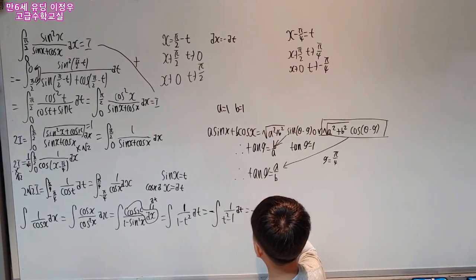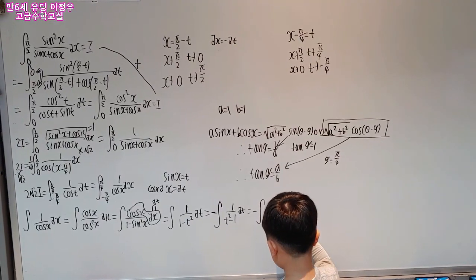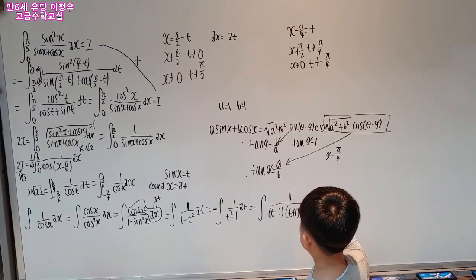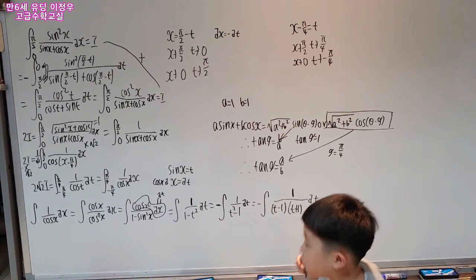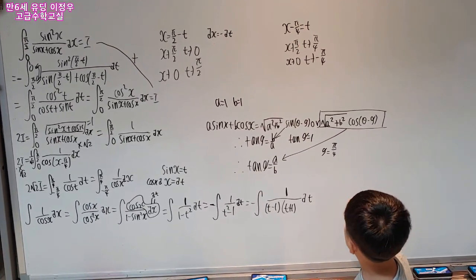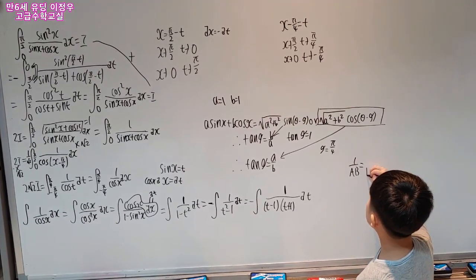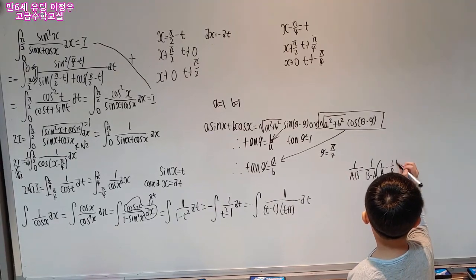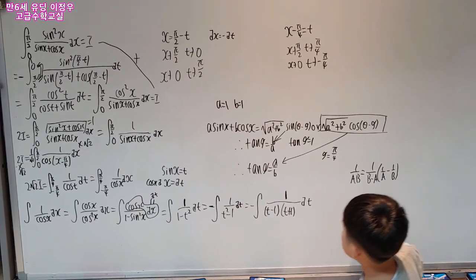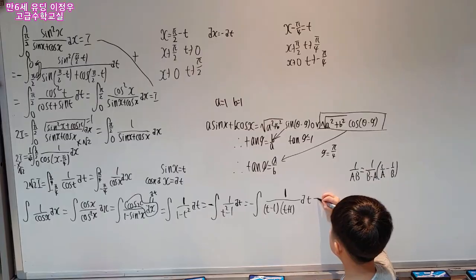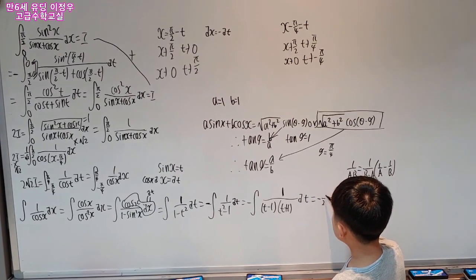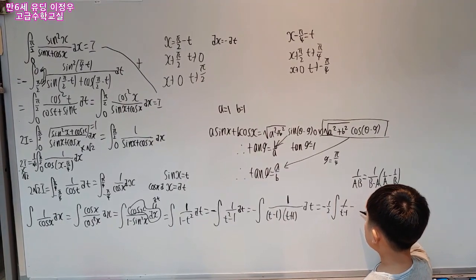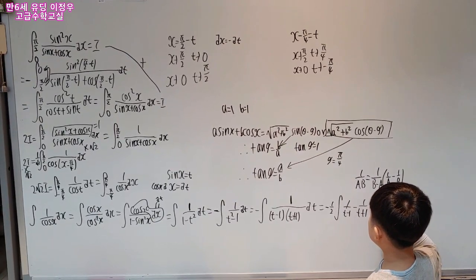So this is negative 1 over t minus 1, t plus 1, dt. Using partial fractions, 1 over AB equals 1 over B minus A times 1 over A minus 1 over B. So this goes to negative 1 over 2 times 1 over t minus 1 minus 1 over t plus 1, dt.